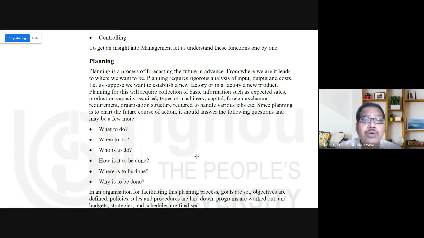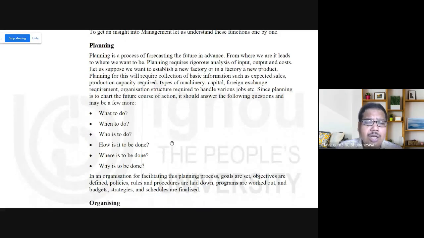Then what input you have to plan, so what information you are planning on for the part of your forecasting, that also makes a decision whether your plan is good or not. If you look into the plans, there are basically two to three types.